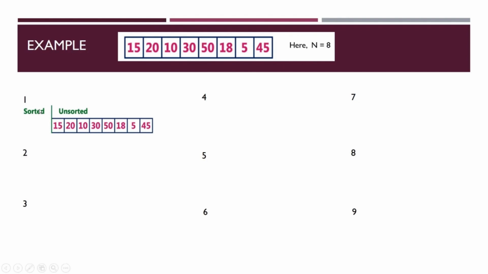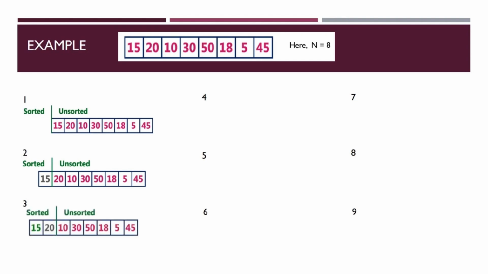Now let us see. The sorted portion of the list is empty, and all elements in the list are in the unsorted portion of the list as shown in the figure. So second, move the first element 15 from the unsorted portion to the sorted portion of the list. To move element 20 from unsorted to sorted portion, compare 20 with 15 and insert it at the correct position.